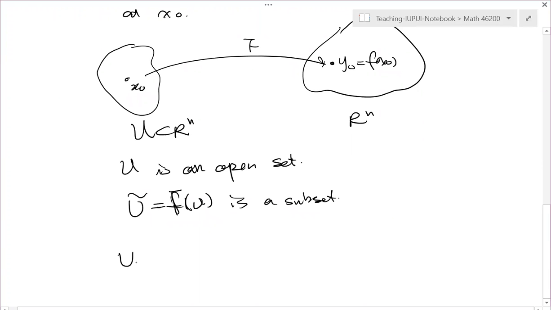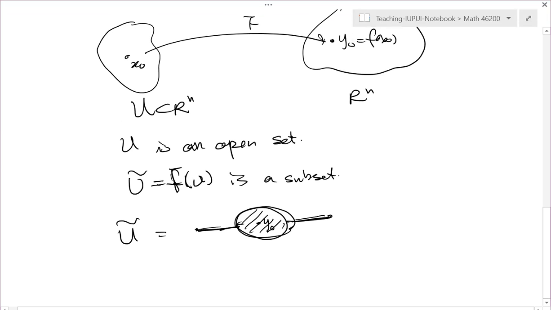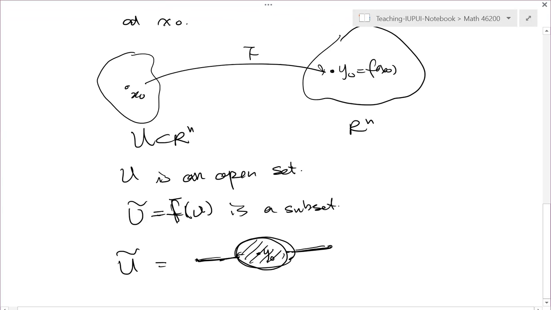It's possible, looks like that. It's not necessarily open. Maybe here it's open, but here it's a strict line. But the theorem says that if the Jacobian at that particular point is invertible, then, since our map is always smooth, in a small neighborhood it is also invertible. So the theorem says I can find a smaller open set.